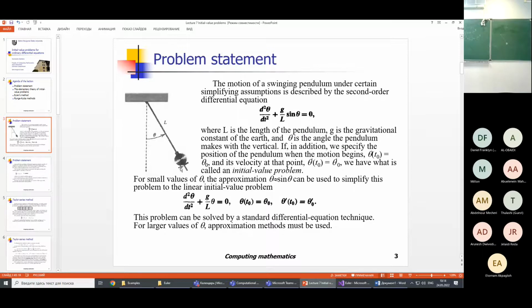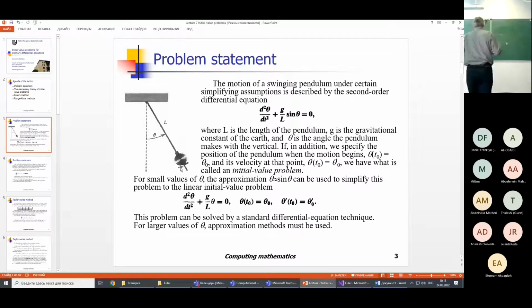What will be the motion of the pendulum? I fix some initial angle, and after that I free it. How will it move? Swing, right? Something like this.